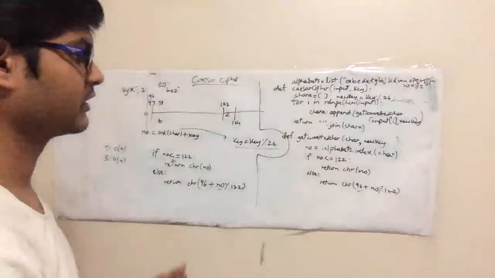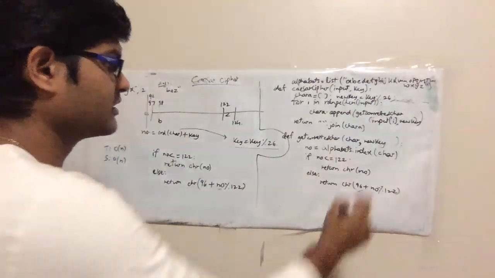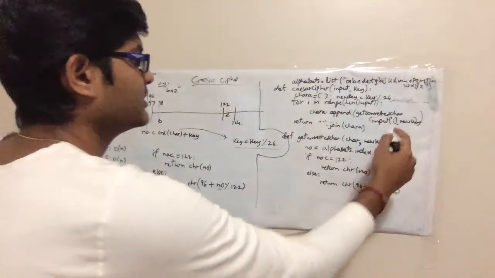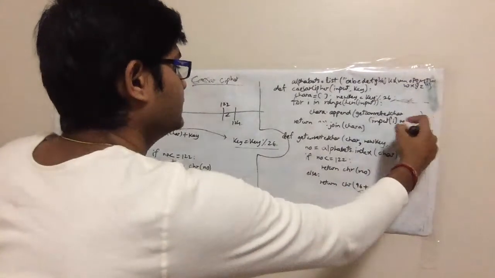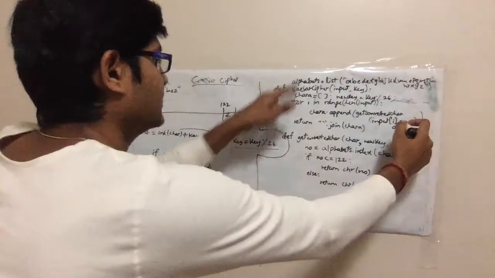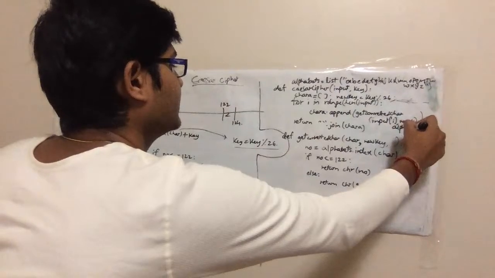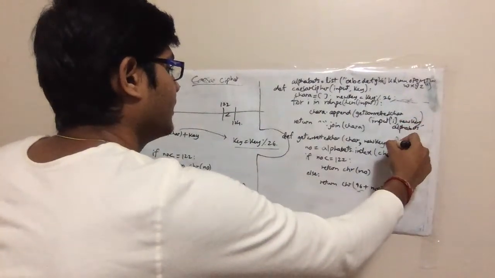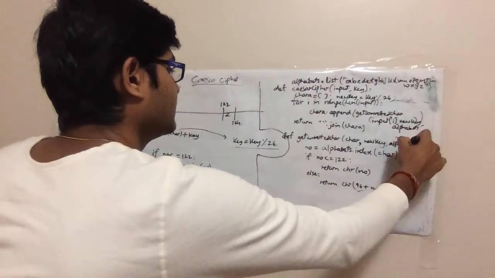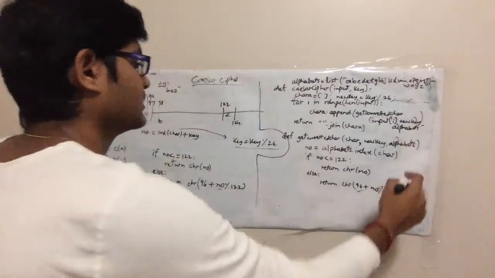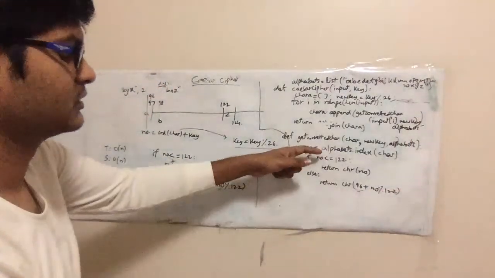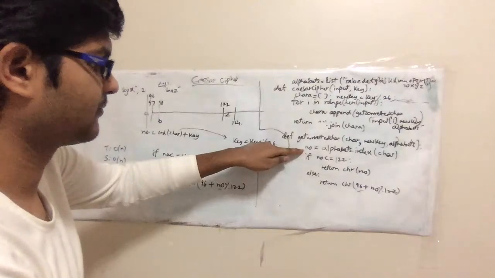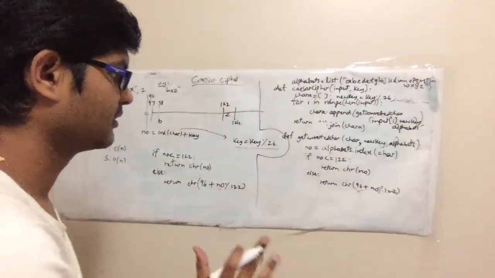This will give the number. And for this, what has to be passed here? Alphabets has to be passed as a new parameter, just this newly created alphabets, to this helper function. Okay, so we got the number. We will use the number here.